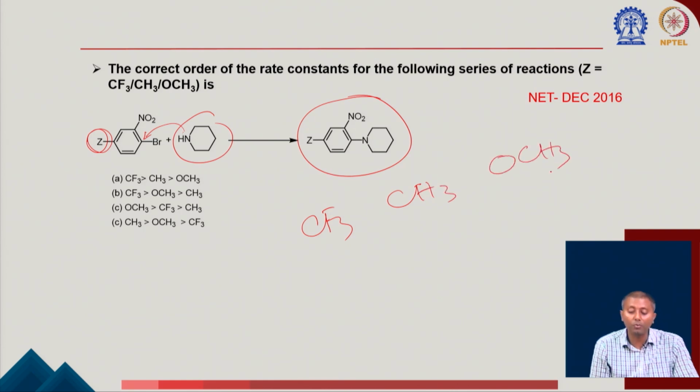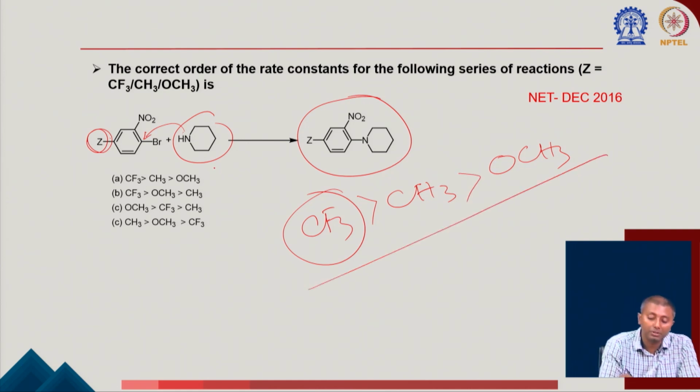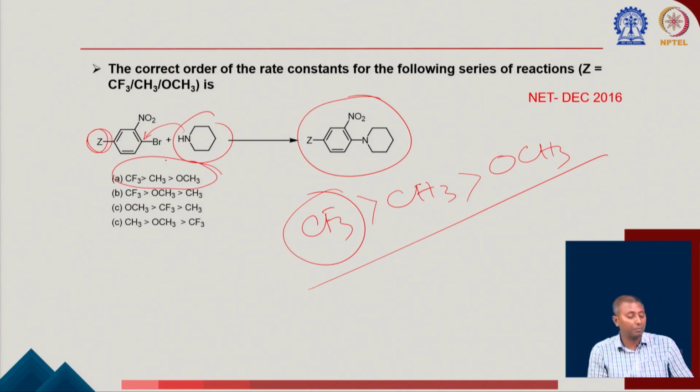So of course what you want here is some sort of electron withdrawing group, so that once the nucleophile attacks, that will generate an anion here, and that anion can be stabilized. So for that you want Z equal to an electron withdrawing group, which means CF3 will be reacting faster compared to CH3 and compared to OCH3. So this will be the order for this reaction. So you can see option A will be the correct option. It is very similar to the previous problems.